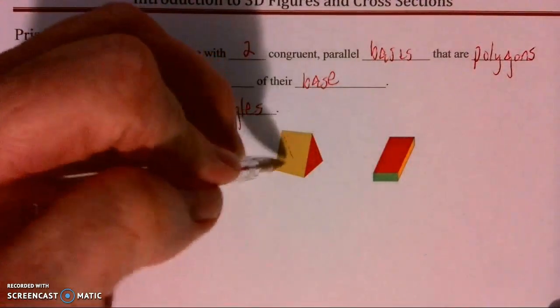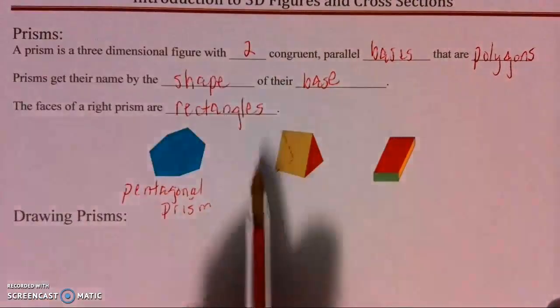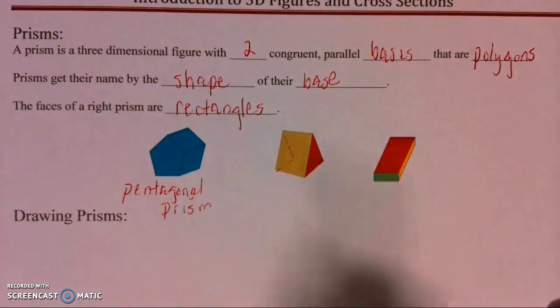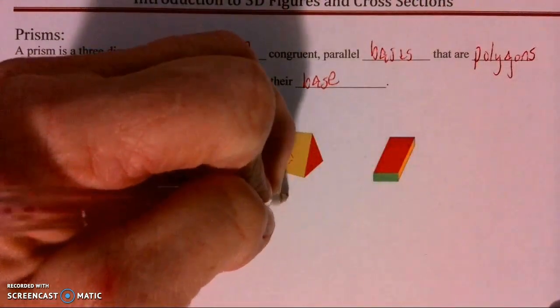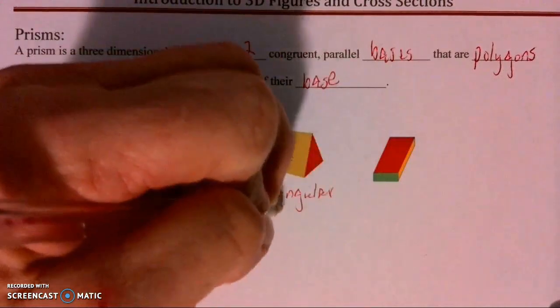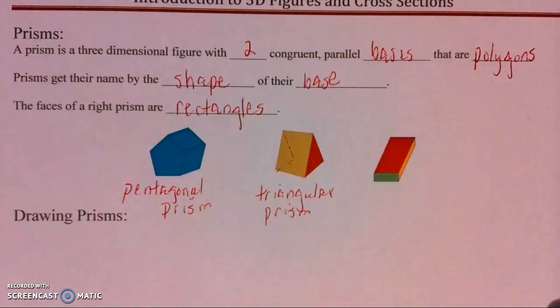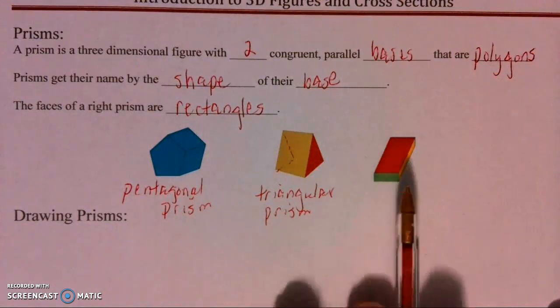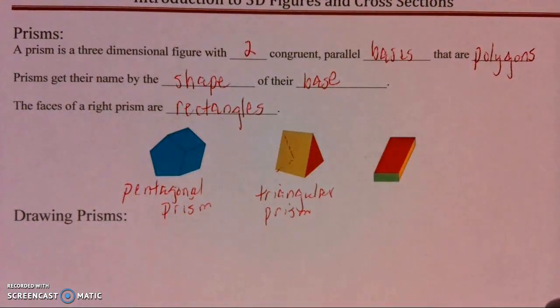The next one's a little easier to see. This one has 2 triangles that are parallel to each other, and the other faces are rectangles, so that makes that a triangular prism. Now if you take a look at the third shape, notice this third shape is just made up of rectangles.